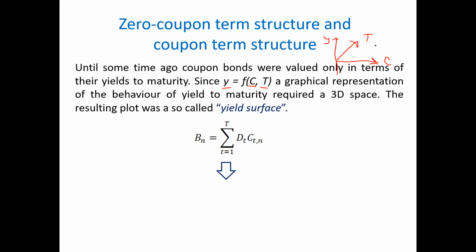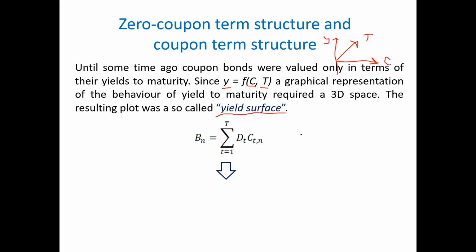So you would have to use a 3D space and therefore 3D modeling. As a result, in a 3D space, you would get a kind of surface. They used to call it the yield surface. That was the set of all yields which were fairly priced. If you take all these yields, you will get a surface.